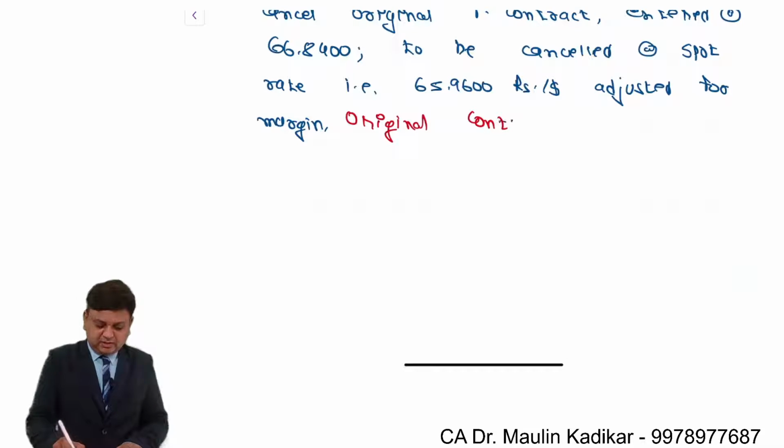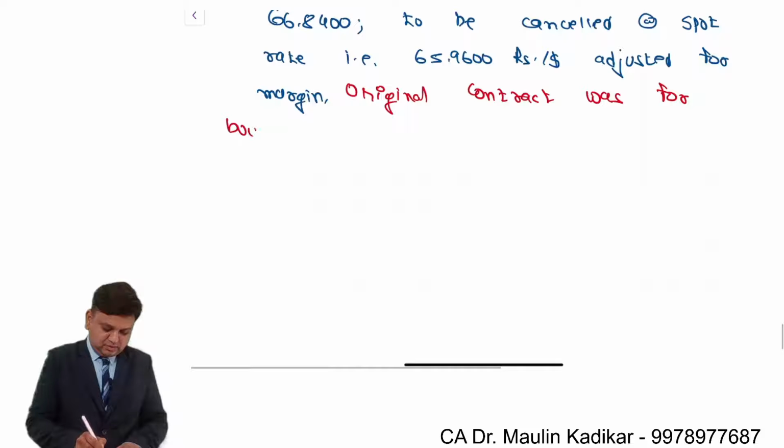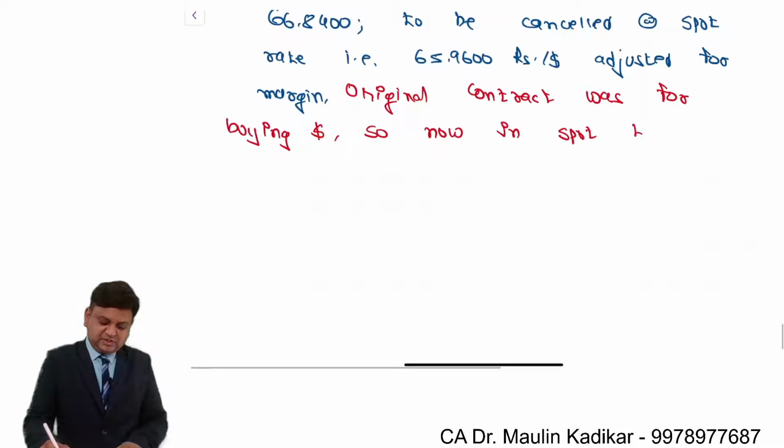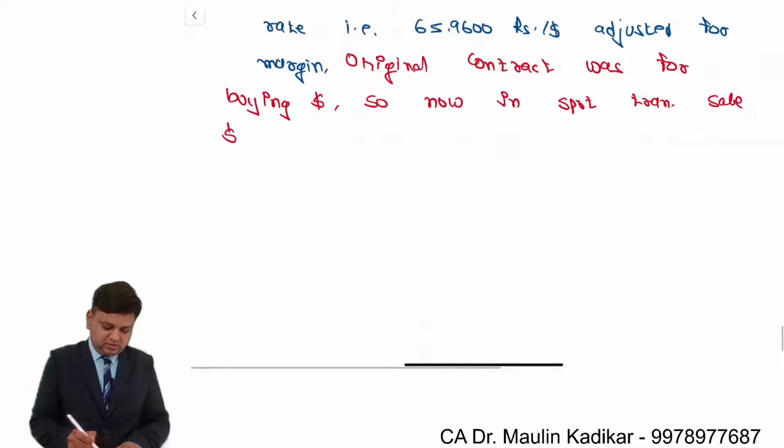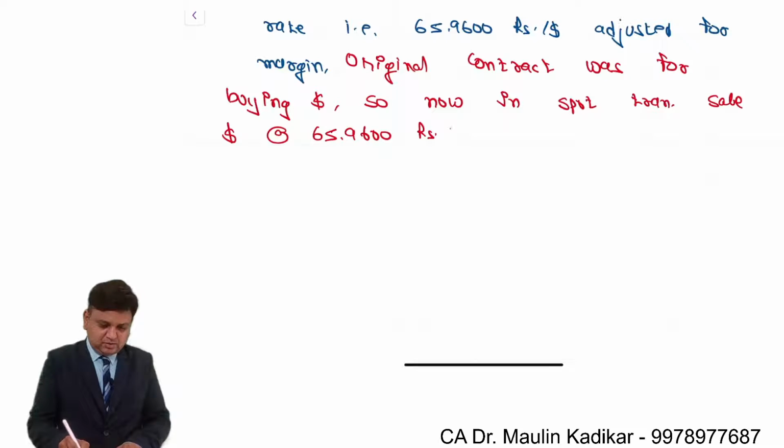The original contract was for buying dollar, so now in a spot transaction, sell dollar at the rate of 65.96 rupees per dollar.